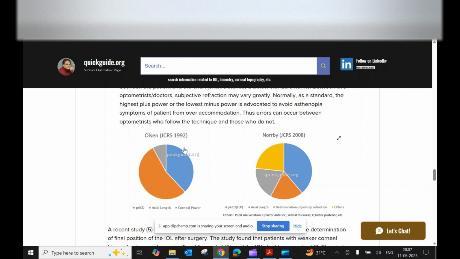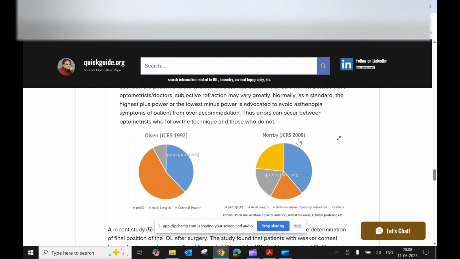Olson did the study in 1992 about the factors that influenced biometry refractive surprise, and they found that axial length was the most important factor that influenced refractive outcome, and most of the refractive surprises were because of wrong axial length calculation.